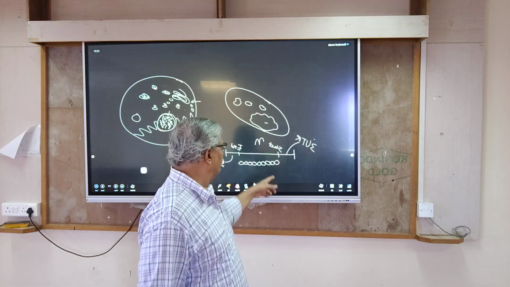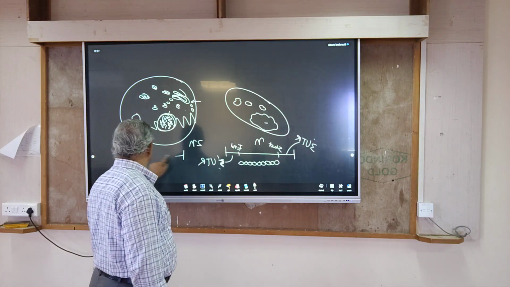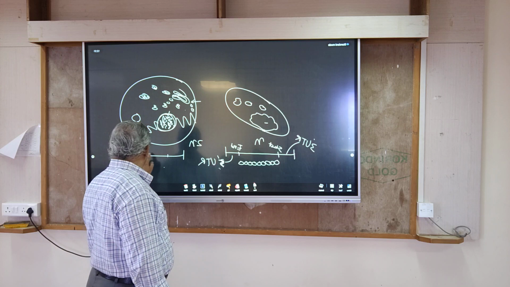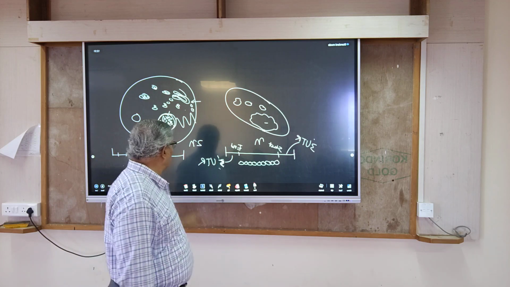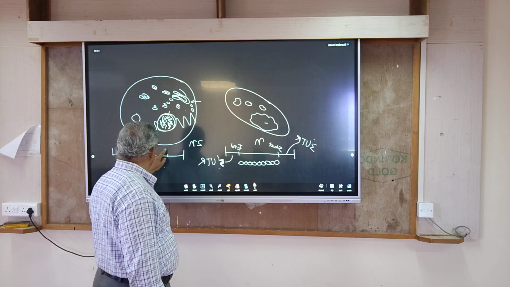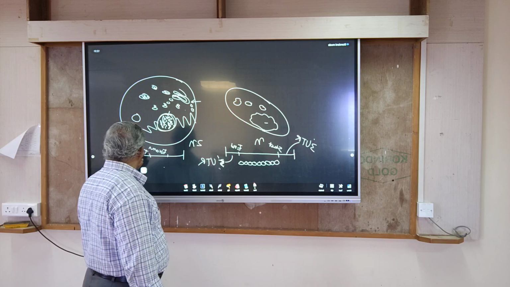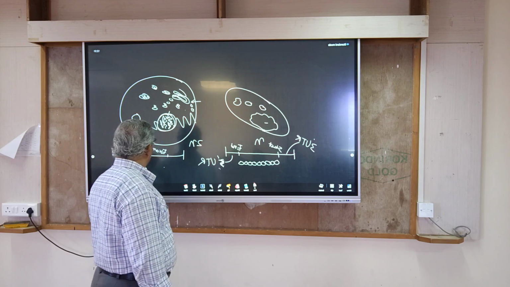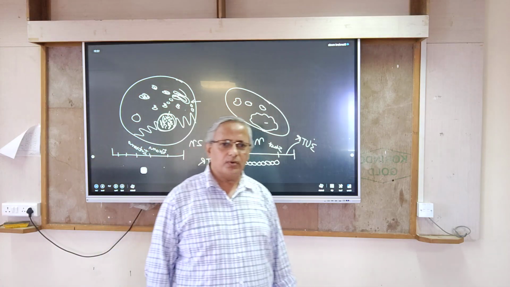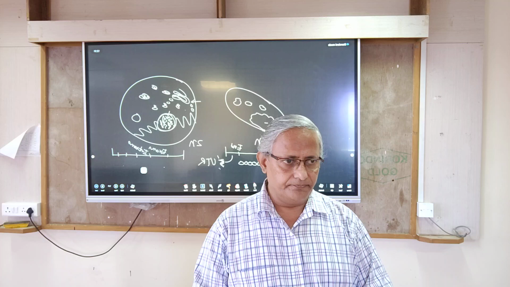You have genes like that. They are undisrupted. But in eukaryotes, what happens is it is interspersed with coding and non-coding regions. Coding regions are what are called exons, and in between them are introns. In eukaryotes, coding and non-coding regions are interspersed.